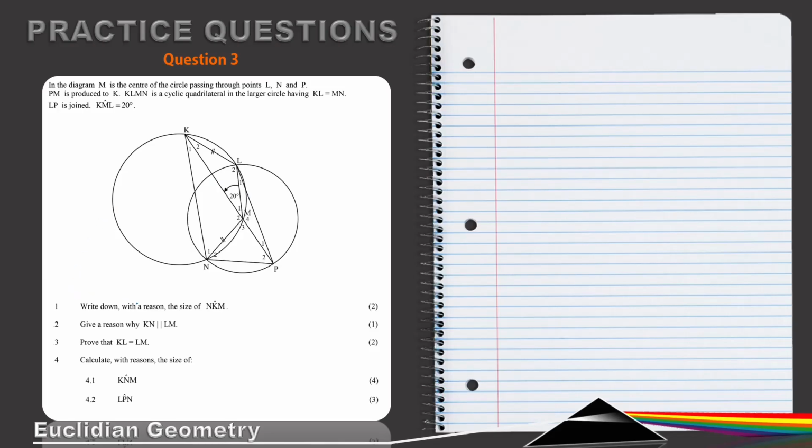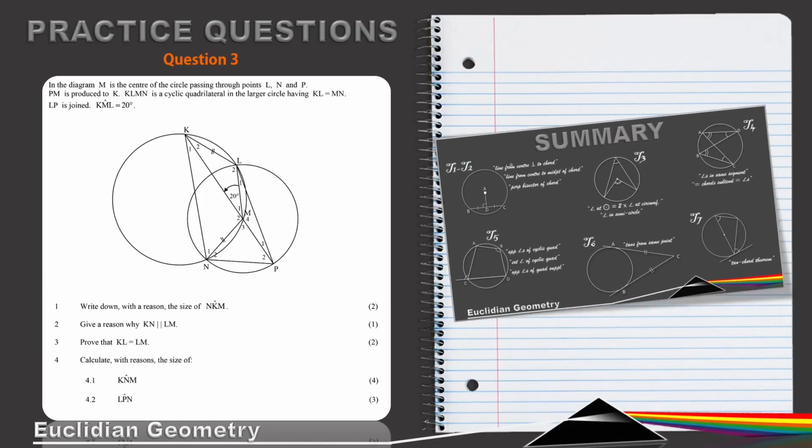So for 1, write down with a reason the size of NKM. The reason we are going to use there obviously is equal chords subtend equal angles, because we can see that this angle is subtended by that chord, but we know that this chord is equal to that chord, and therefore this angle is also equal to 20 degrees.